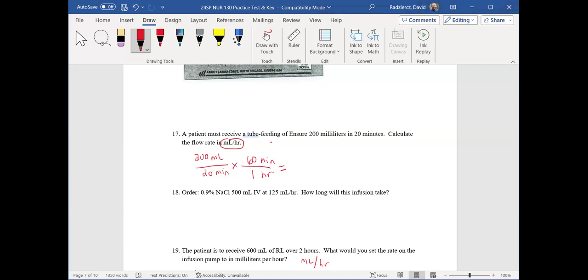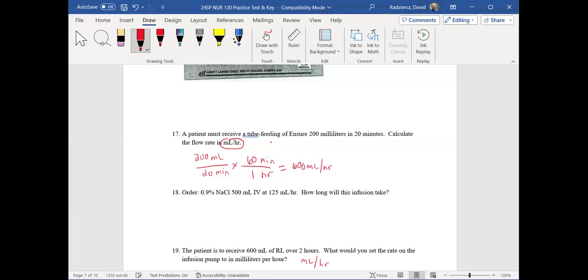Now, in your calculator, you're going to take that 200 and multiply across the top. So 200 times 60, which gives you 12,000, big number. Keep that in your calculator, divide by 20. And guess what? You're going to set the infusion pump or the tube feeding pump to 600 milliliters per hour.